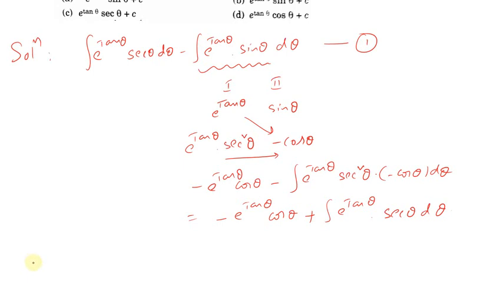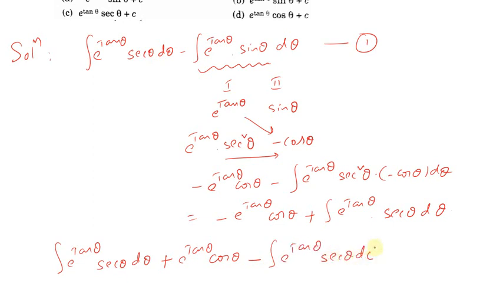So integration of e power tan theta into secant theta d theta minus, if I am substituting the integration of e power tan theta sin theta d theta result, minus of minus e power tan theta into cos theta plus integration of e power tan theta into secant theta d theta.